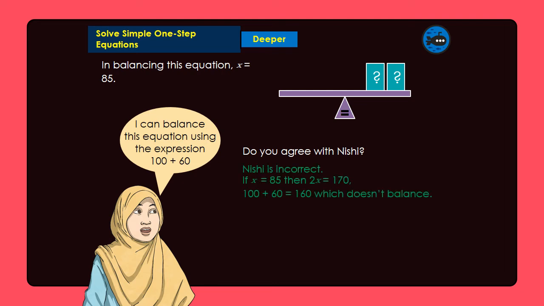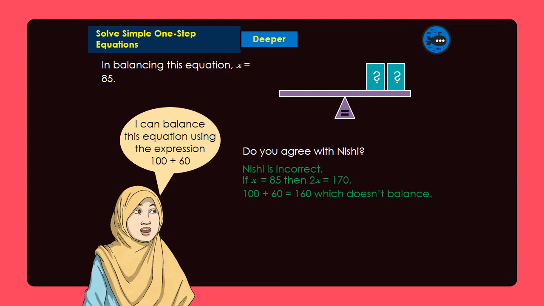So Nishi is incorrect, because if x equals 85, then 2x equals 170. So it tells us on this question that x is 85. So we know one of these blocks is worth 85. But we've got 2 of these blocks, so 2 of them totals 170.